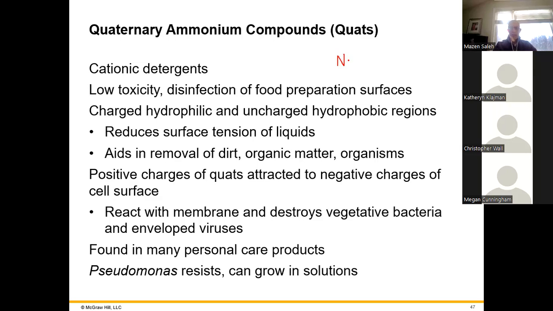Now, nitrogen has how many bonds normally? Nitrogen typically has 3 bonds, right? Yep. Now, these ones, quaternary for having 4 bonds actually around nitrogen, which gives it what, a positive charge, right?